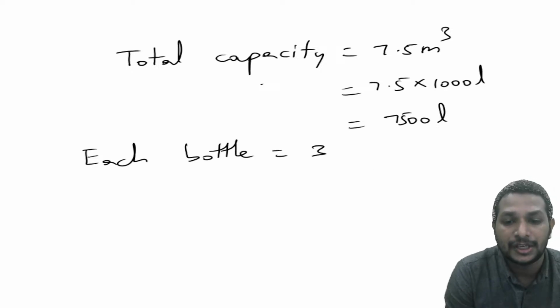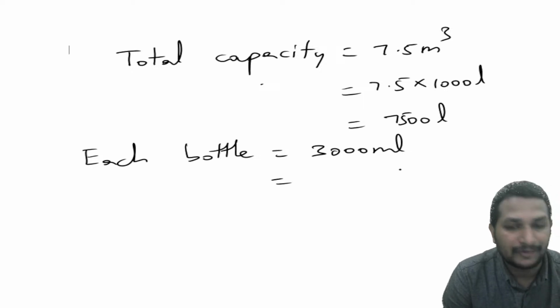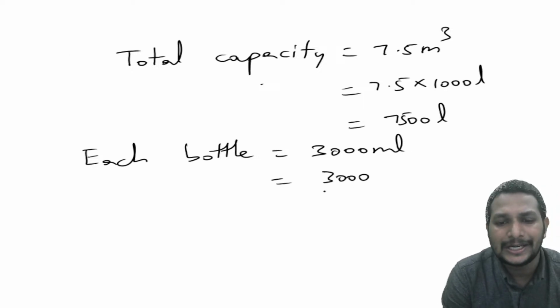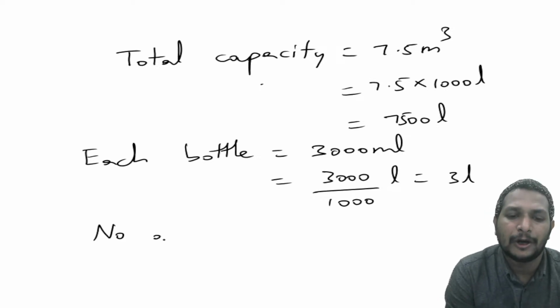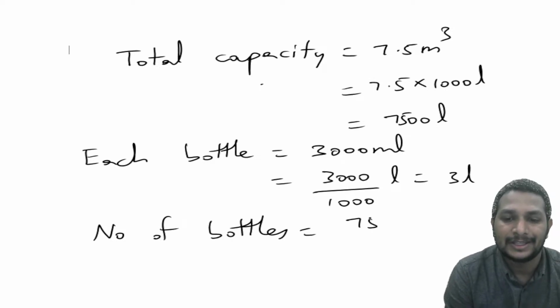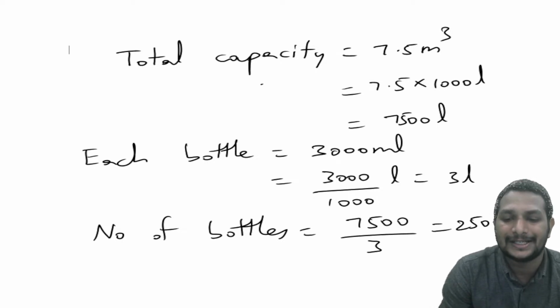But each bottle can hold 3000 milliliters, which is also not in liters, so we need to convert into liters. By 1000, we got 3 liters. Number of bottles will be 7500 by 3, which is 2500 bottles.